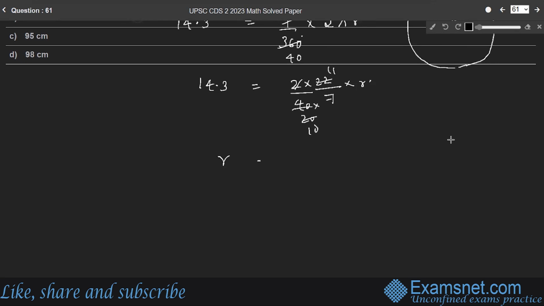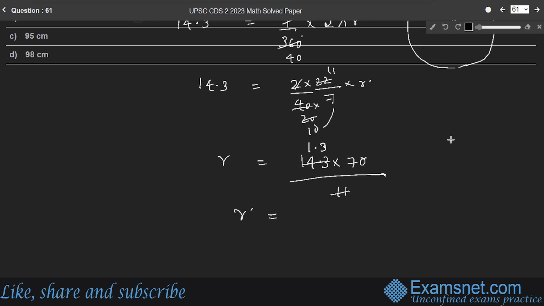Therefore, r is equal to 14.3 into 10 into 7, which is 70, in the numerator, divided by 11. 11 into 1.3 is 14.3, so we have 1.3 into 70 as r.